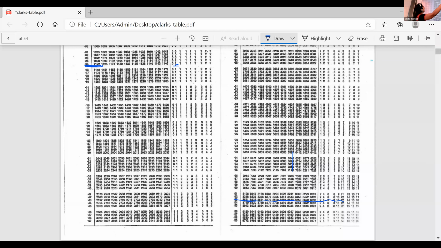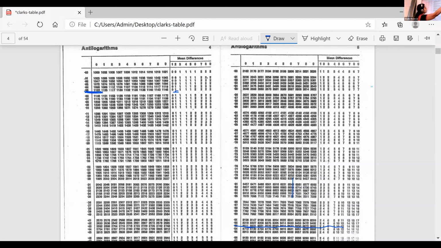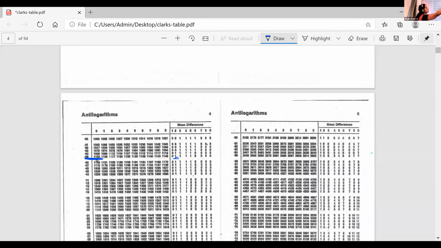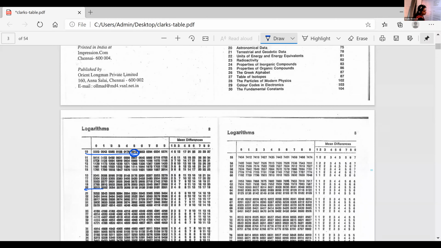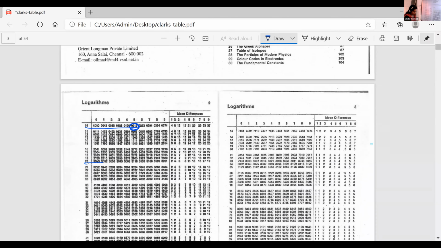Is it log or anti-log? This is log, we have to take log. 109. What is the value we are getting here? 0374, isn't it?